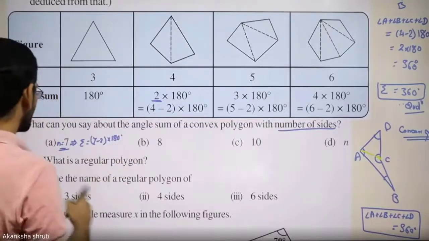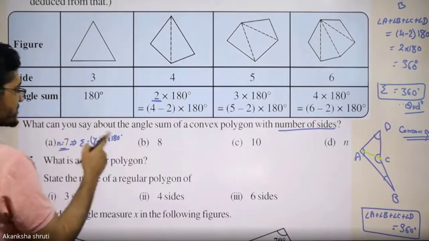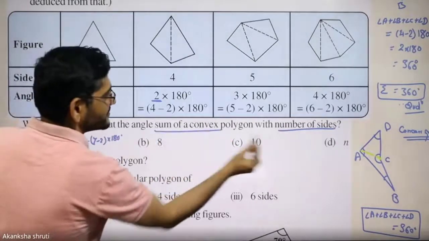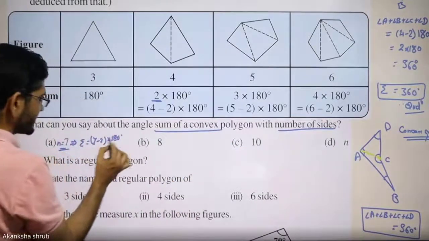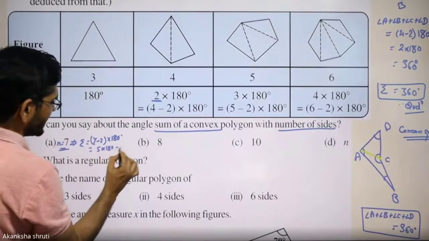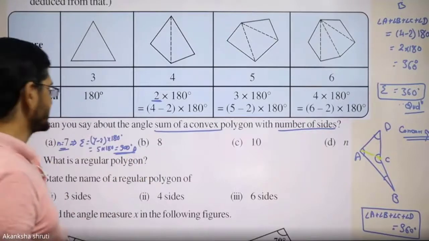Yes. So students, in case of A, the number of sides is 7. So the sum of the internal angles is 7 minus 2 into 180 degrees. It is 5 into 180 degrees. It is our 900 degrees that we had also calculated earlier.